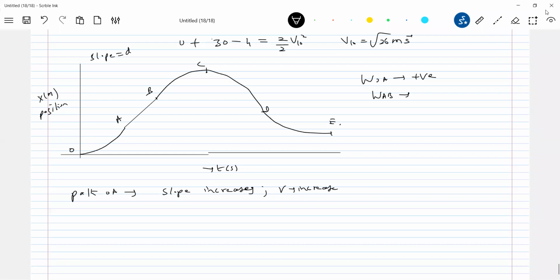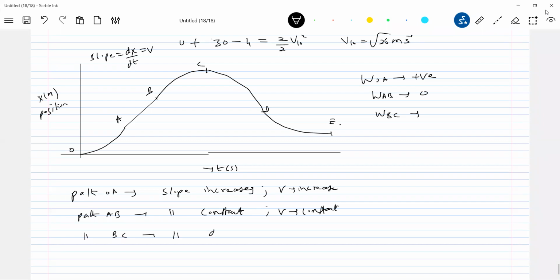Slope is equal to dx by dt, which is equal to V, no? Now path AB, slope constant. So therefore V constant. If V constant, no change in speed, so what is work done? Will be 0.